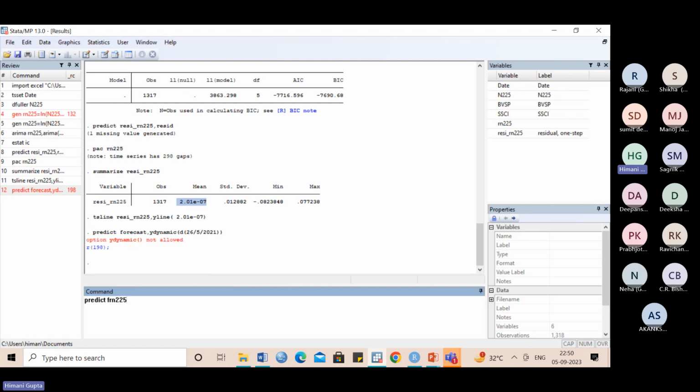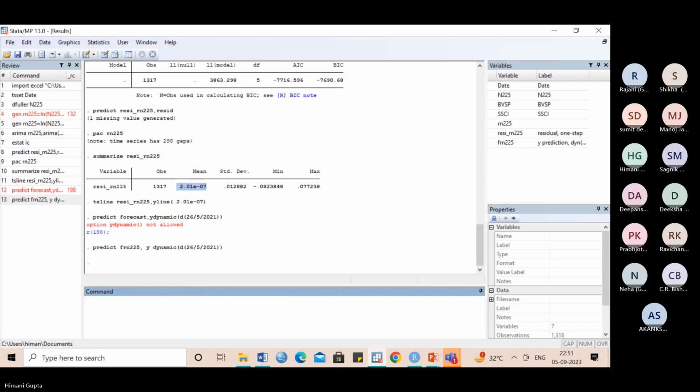Predict FRN225, comma, y dynamic, date, predict from 26th May 2021. Now see, I have said predict and I have given the name FRN225. It has predicted FRN225.